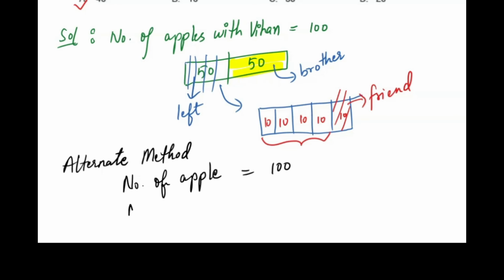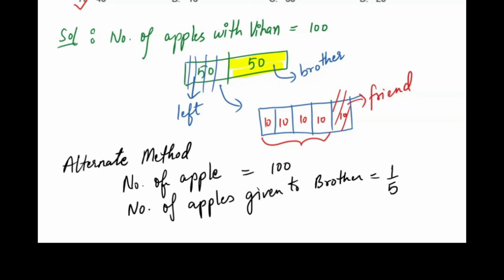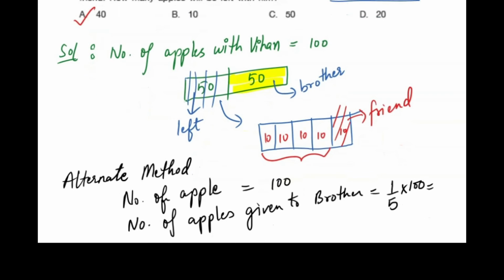Number of apples given to brother is equal to half of 100. That means 50 he has given.